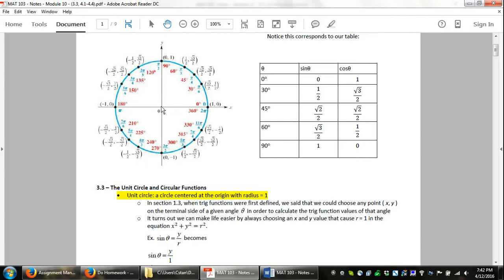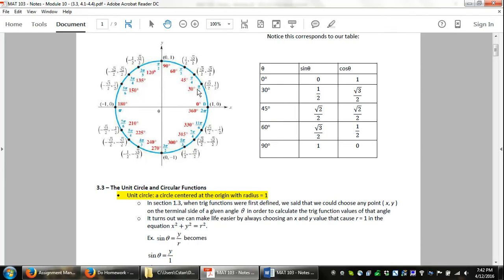So those are angles where their initial side is along the x-axis right here, and the terminal side is anywhere else. Now, by choosing a point on the terminal side, we can use our definitions of our trig functions to calculate the trig functions of our angle.